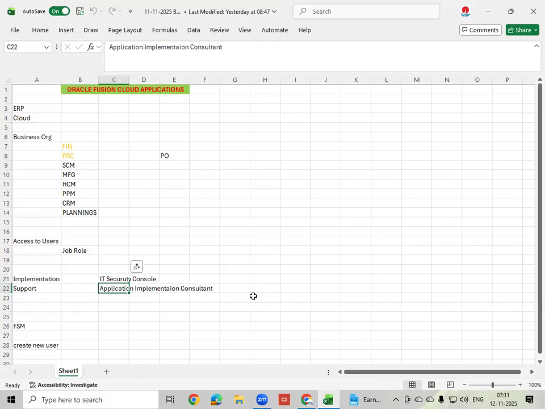This is setup and maintenance, an admin tool actually. The admin role is for creating new users, updating users, like that. But here, for application configuration in FSM, the functional consultant configures the setups.